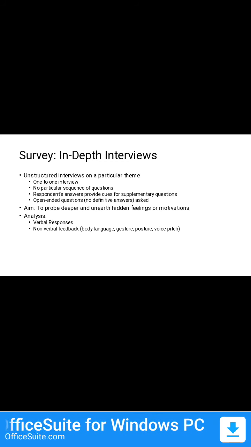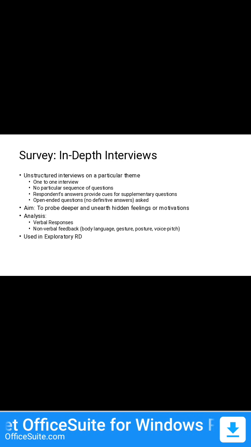What was the difference in the voice pitch? What were his gestures and what were they conveying? So I look at the non-verbal feedback also to make an assessment of what he's saying and what hidden feelings or hidden motivations are propelling him to go for a particular mobile service provider, the example that we had taken. So we are looking for non-verbal feedback also.